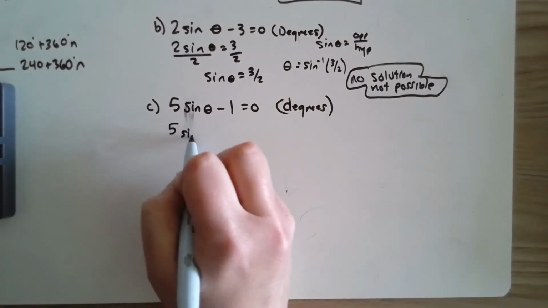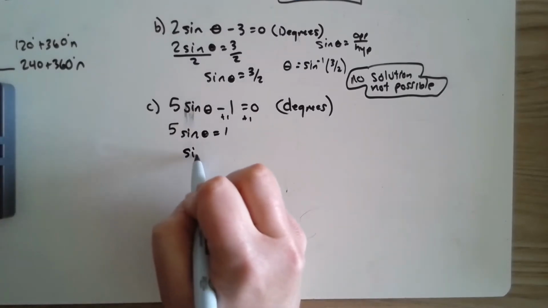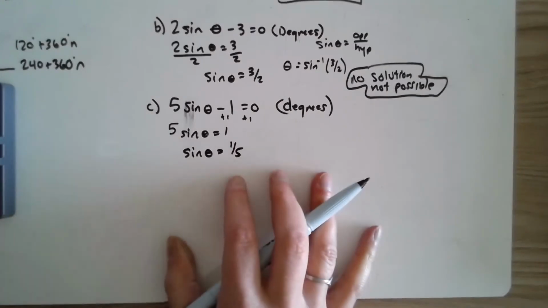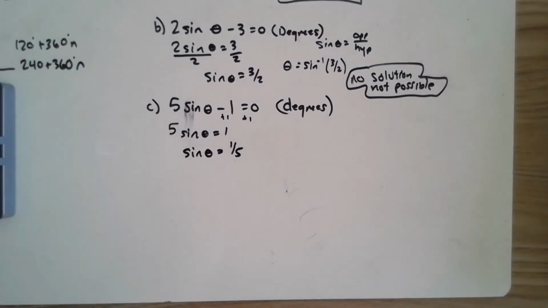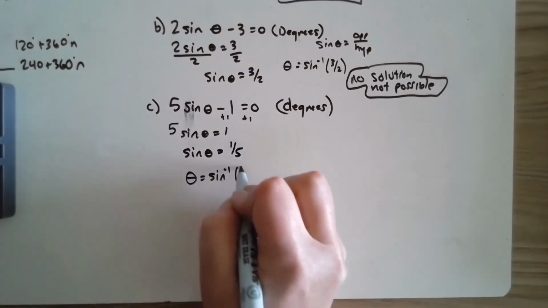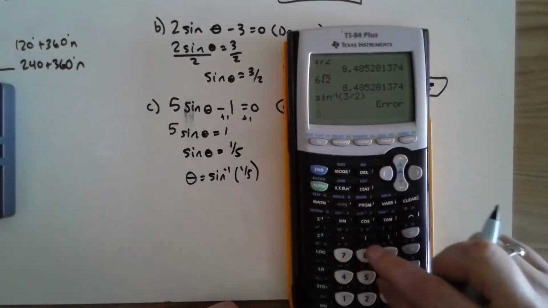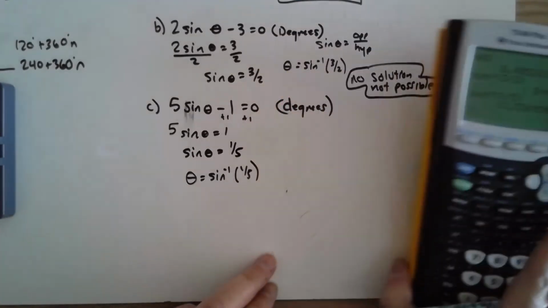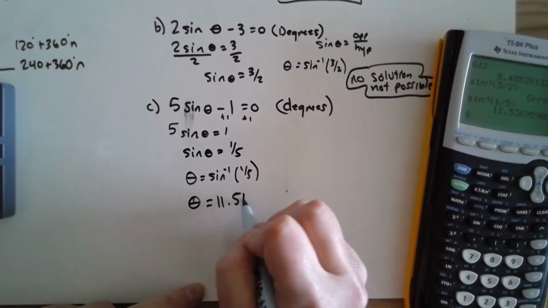So 5 sine theta equals 1, because we added the 1 over. Sine theta equals 1/5, opposite over hypotenuse. This will work. If you look at your unit circle, there is no 1/5 on our unit circle. So in order to solve this, we get theta equals sine inverse of 1/5. Okay, so second sine 1/5. So theta equals 11.54 degrees.